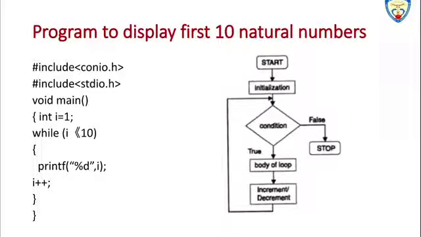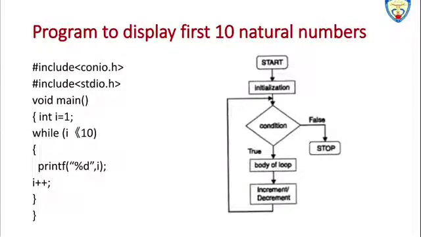For example, starting with i equals 1, while i is less than 10, means 1 is less than 10, your condition is true, then it will directly print the value of i, that is 1. Again i plus plus is the incrementing. i plus plus will be adding 1 to the i value. Earlier your i value was 1, now i plus plus becomes 2.